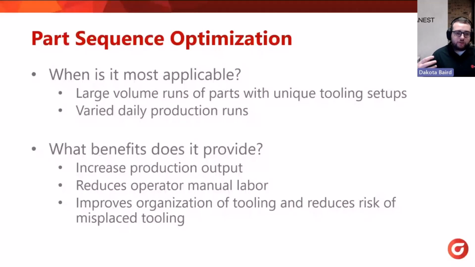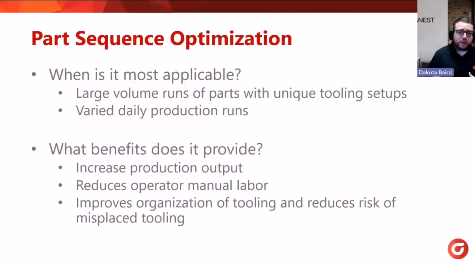We're trying to keep the tools that were already on the machine still there and just do removal of the necessary tools and maybe adding a few more stations for a particular bend that may have changed. So there is a reduction still on the manual labor side, and because it's more structured and organized, and we're controlling a better sequence to remove and add tooling, we are still reducing the risk of misplacing any tooling.